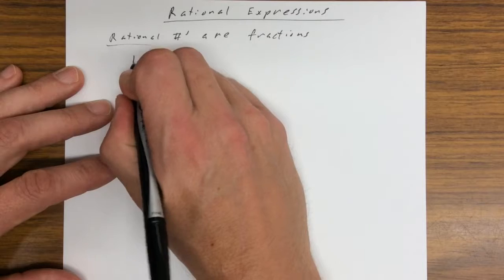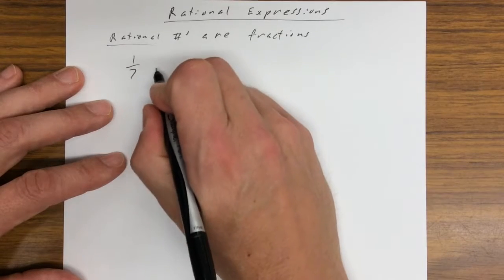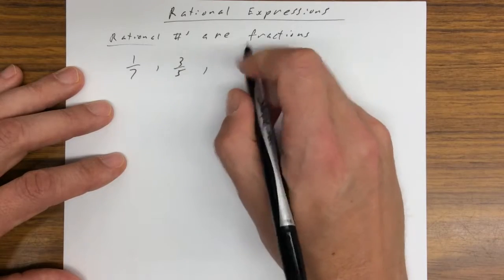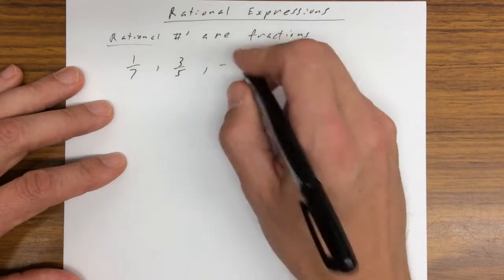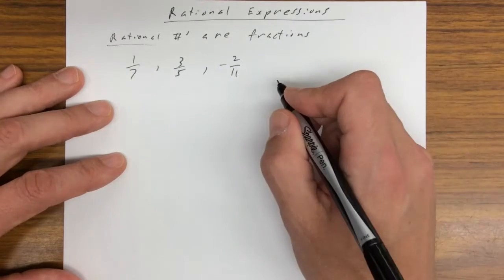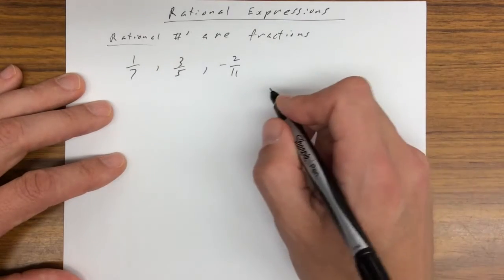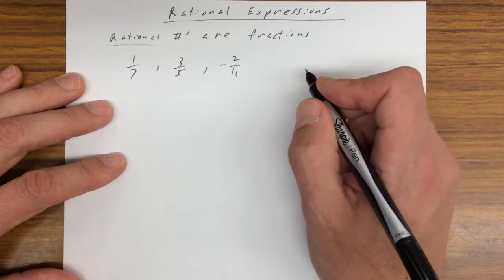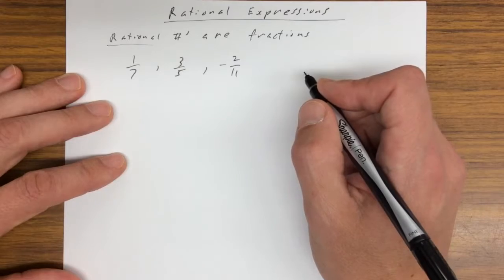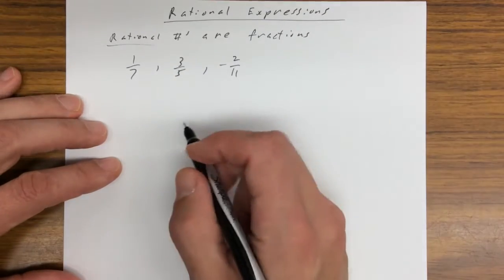So 1/7 is a rational number, 3/5 is a rational number, negative 2/11 is a rational number, and so on. What's not a rational number are things like pi or square root 2. So these are called rational numbers.